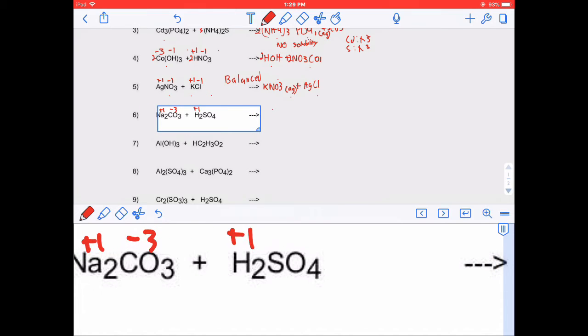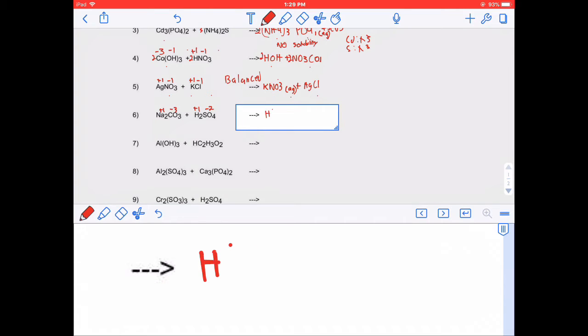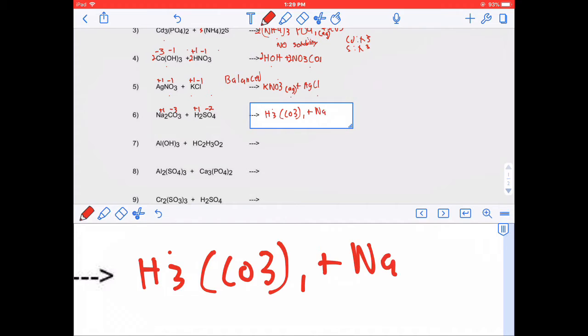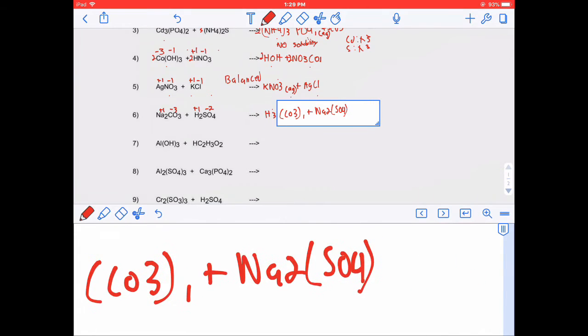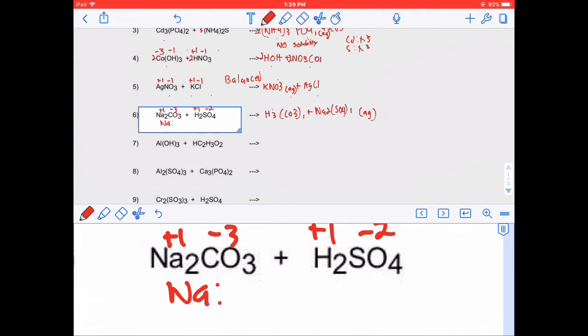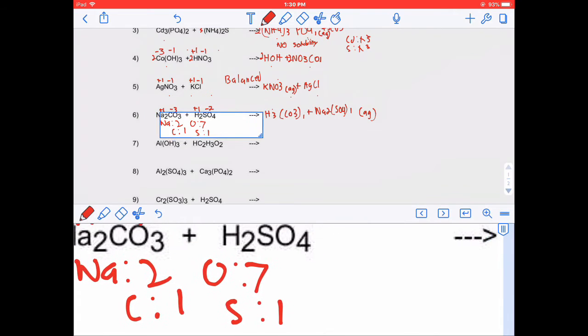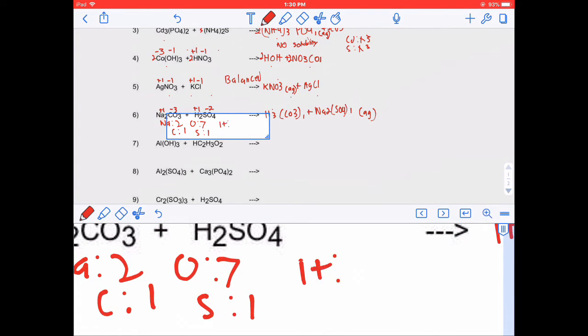Now for this one, I put the charges on top. The Na has a +1, CO3 has a -3, H2 has a +1, and the SO4 has a negative. None of them cancel out on this occurrence, so they all switch charges. The Na2 and the SO4 are aqueous with each other, so that's why I put it in parentheses next to it. And now I just have to balance out the equation.